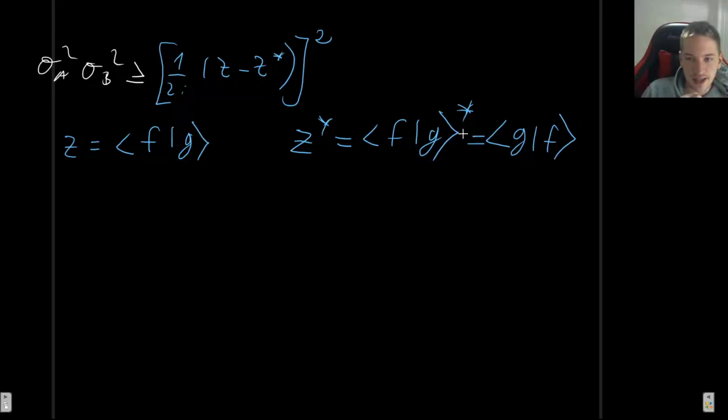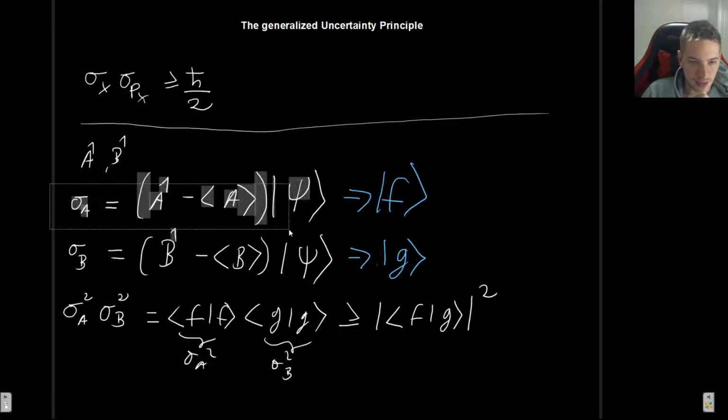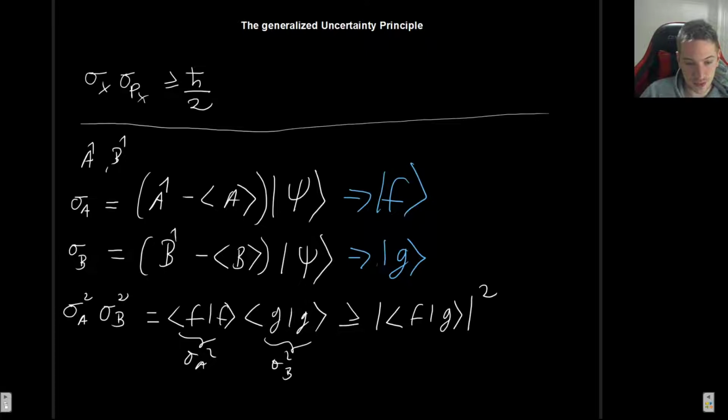And this is now something that we will have to calculate using the initial definitions that we used for f and g. Remember, f was this right here. This would be in the ket form, and this right here will be in the ket form of g. And you have to take into consideration, if we are going to use the bra version, we will have to transform it accordingly, remembering how to go from ket to bra.